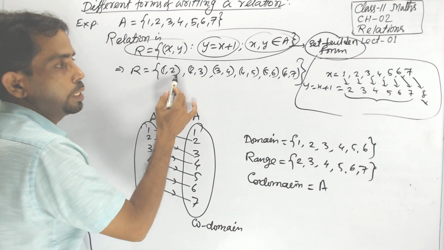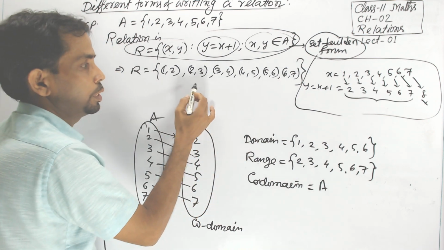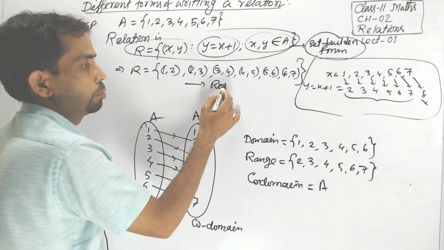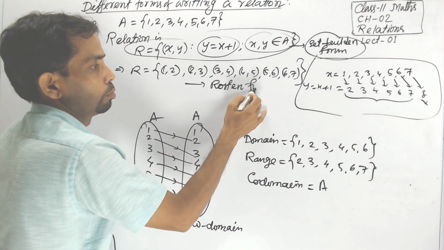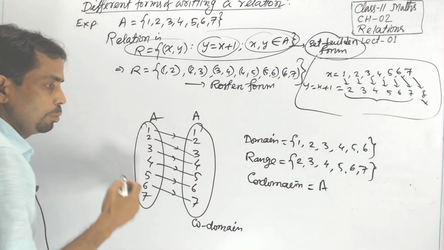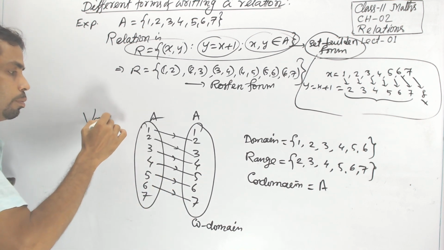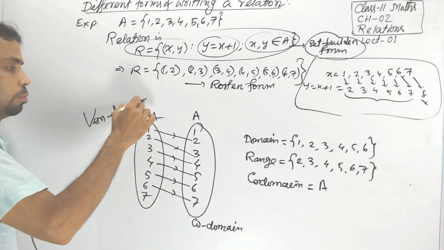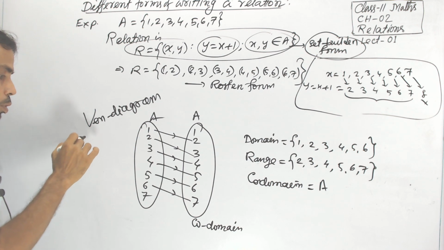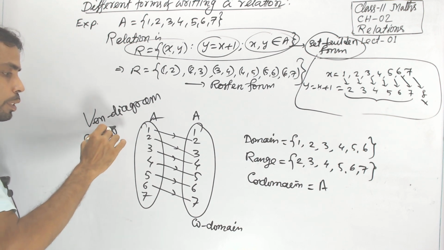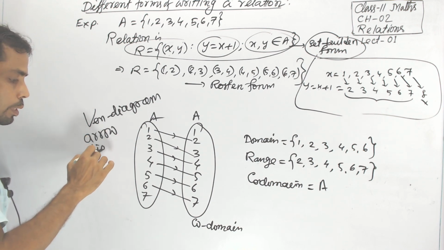And when we list the elements in this way, as a set of ordered pairs, then it is called roster form. And this way of representing by arrow diagram is also called a Venn diagram, or arrow diagram.